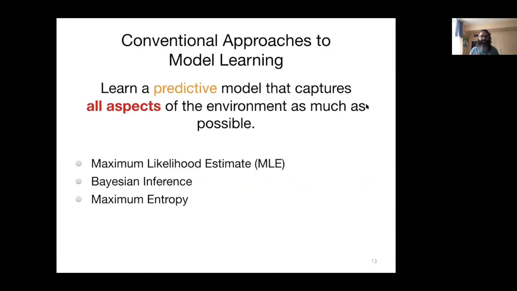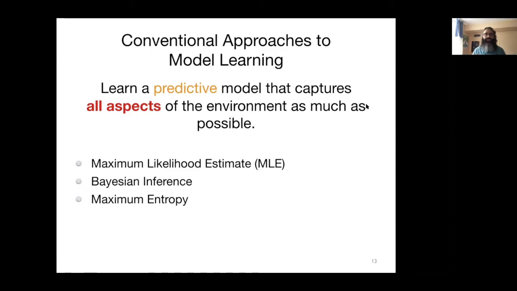Okay, so what is the conventional approach? You have already seen some examples of it. The idea is that we learn a predictive model of the environment that captures all aspects of the environment as much as possible. We do it through maximum likelihood estimation, Bayesian inference, maximum entropy, whatever principle you have for learning a probabilistic model.